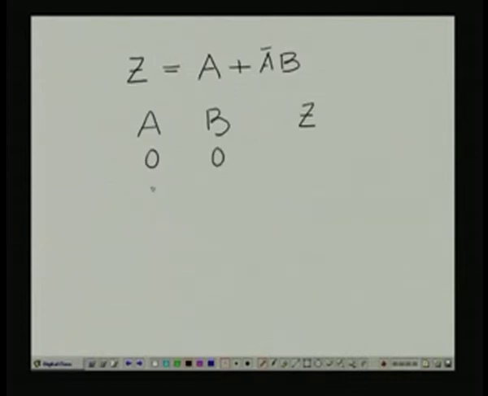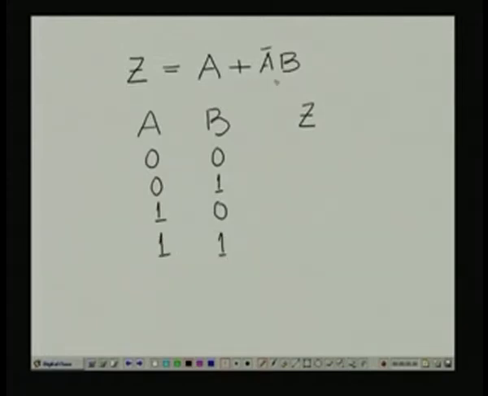What we have seen is that output Z is nothing but A plus A bar B. So, if we draw the truth table, these are my two inputs A, B and this is my output Z. I take all possible values of A, B: 0 0, 0 1, 1 0, 1 1.